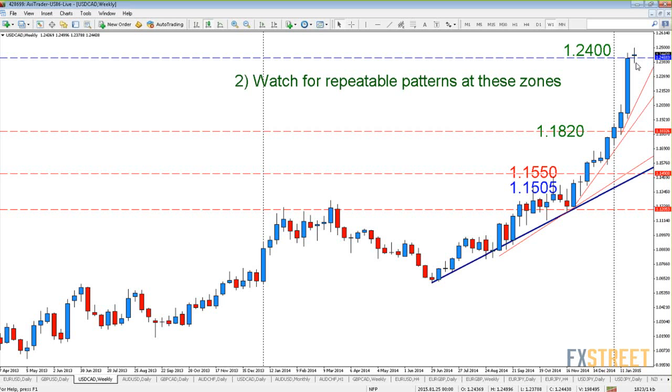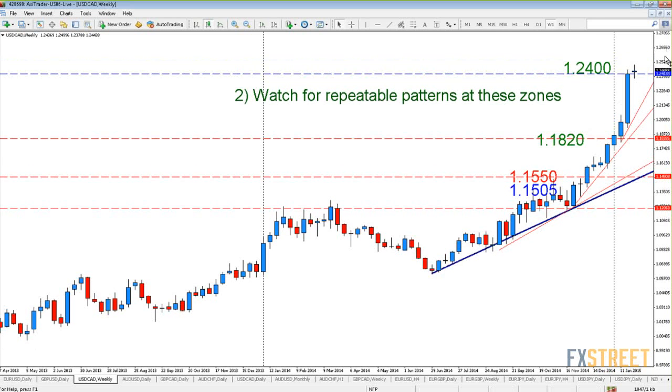Now what happens if the week, which is young, ends up printing a candle like this? That would be considered a lot like the one back here, right? Which is essentially a bullish candle followed by a small little trend continuation candle, right?